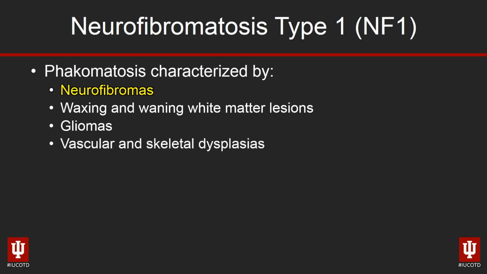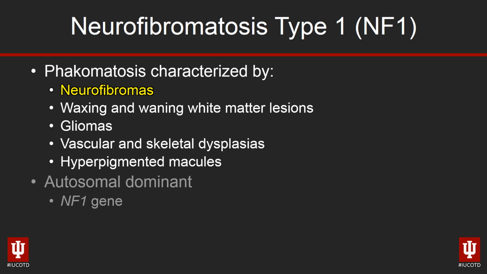They have many different varieties of vascular and skeletal dysplasias. And if you look at their skin, they have these hyperpigmented macules on their skin, something you might see if you're doing interventional radiology or perhaps doing some sort of a radiology subspecialty that has you face-to-face with patients.